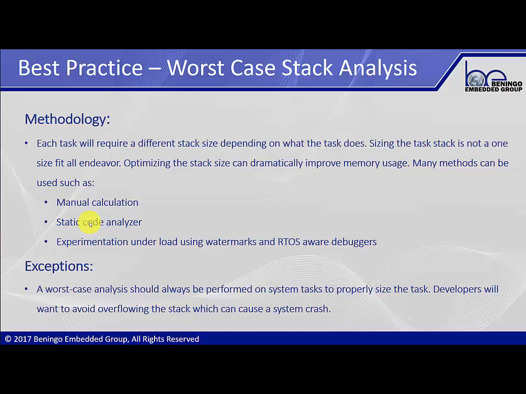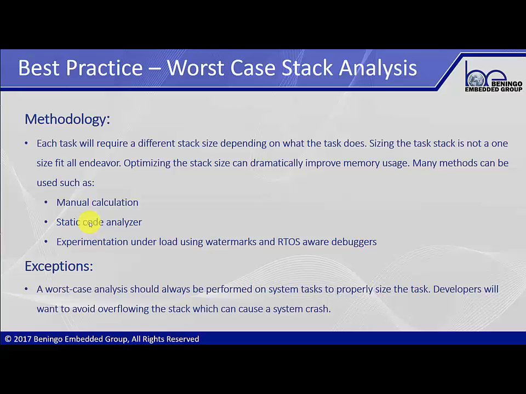So we really have a couple of options available to us on how we can calculate the maximum stack size. First, we could manually calculate it. We could pull out our code and start looking at every function jump that we make, how many local variables there are, and so on and so forth. Option one is not terribly efficient, and definitely prone to errors. The second, we can perform a static code analysis. We can use something like PC-lint, and it will go through and do all of that for us.